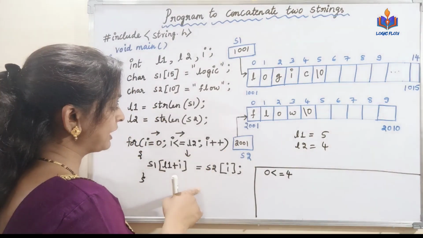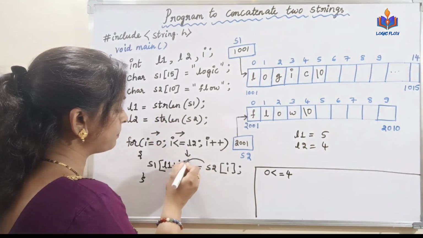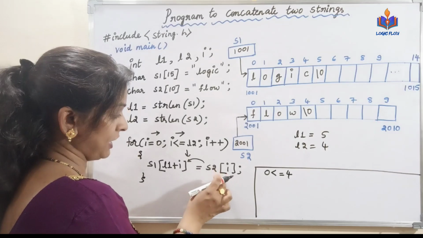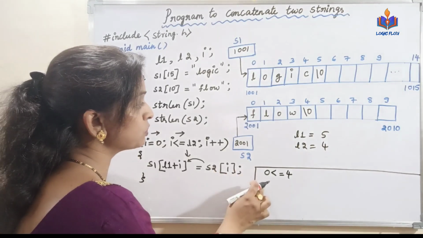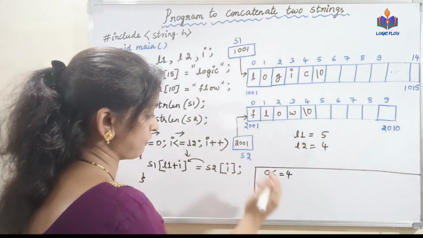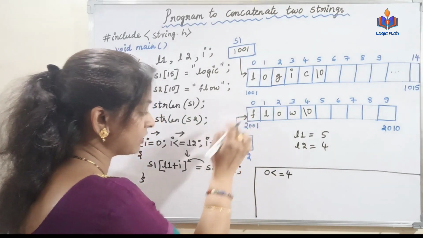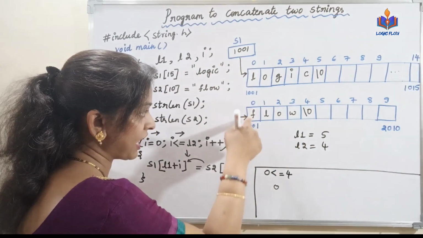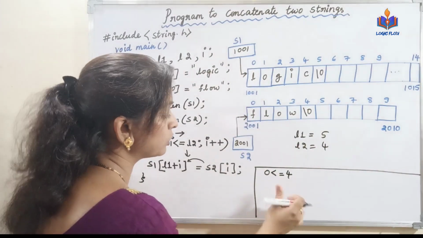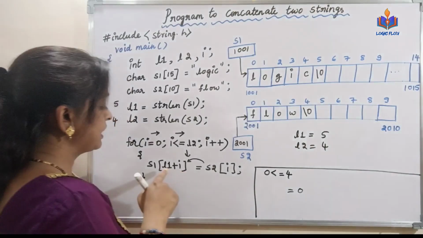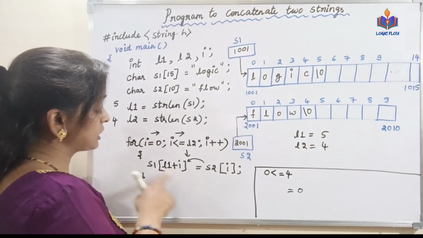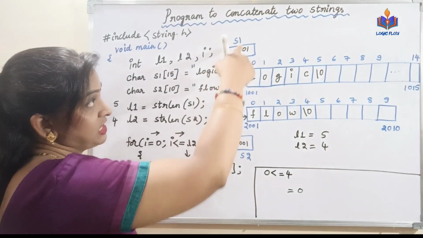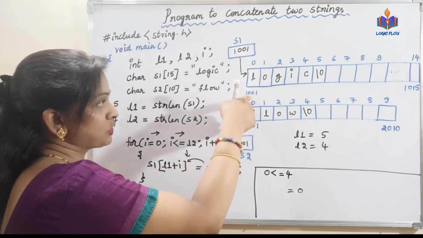Get inside. What I need to do? I need to copy S2 of I. So what do I have in S2? S2 of I, it is F. So that character at S2 of 0, whatever I have in that position, I need to transfer that to S1 of L1 plus I. S1 is pointing to 1001.